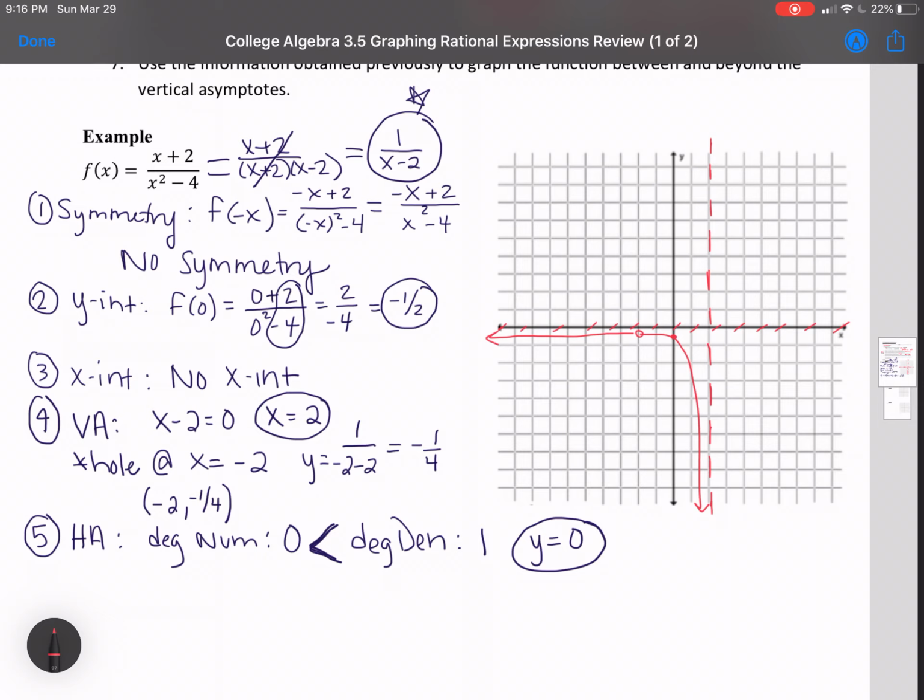And then remember, when we get to the bottom of an asymptote, we jump to the top because our multiplicity is 1. Here, there's only one x minus 2. It's that first power. And there's your graph.